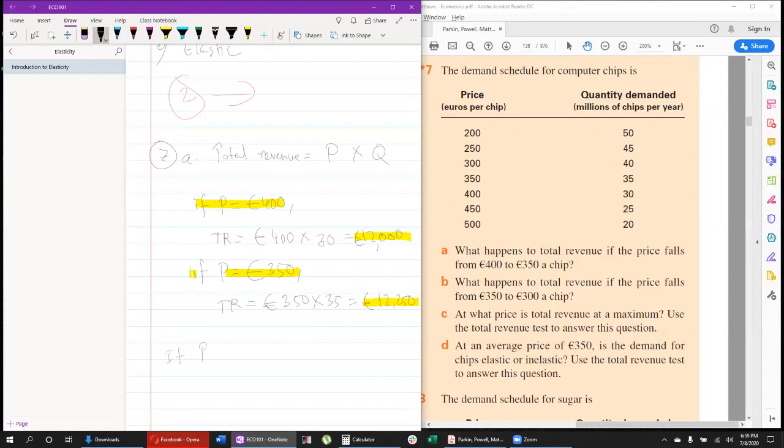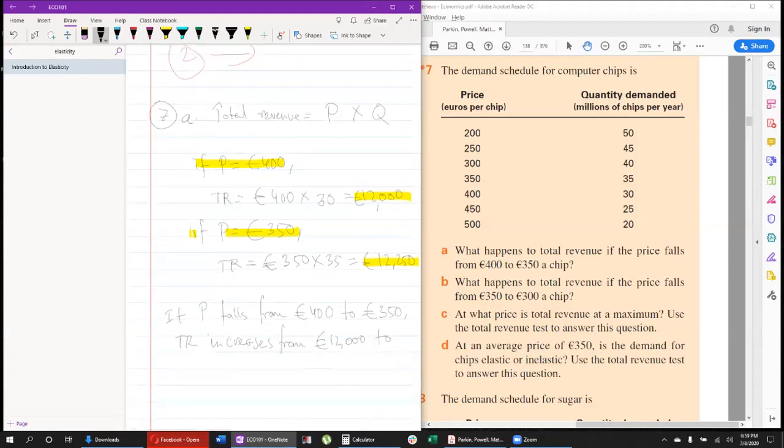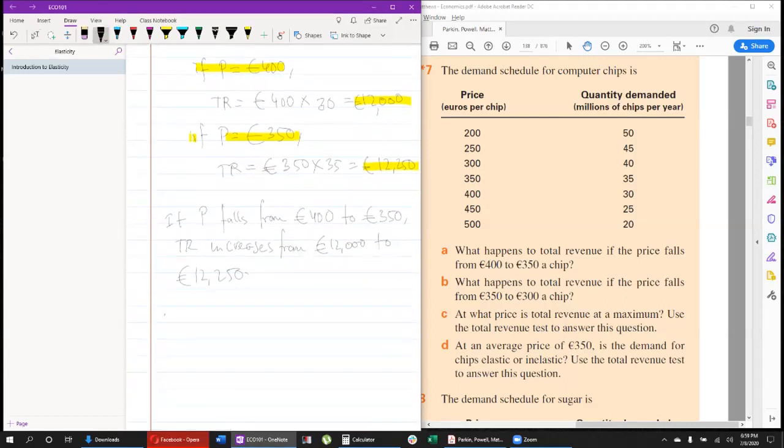If price falls from 400 to 350, total revenue increases from 12,000 to 12,250. Now that is the end of part A.